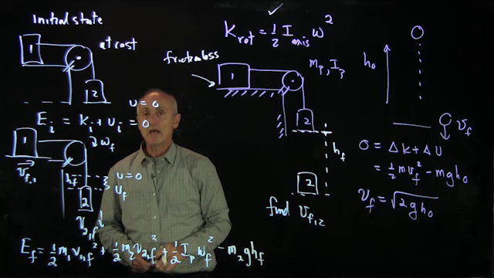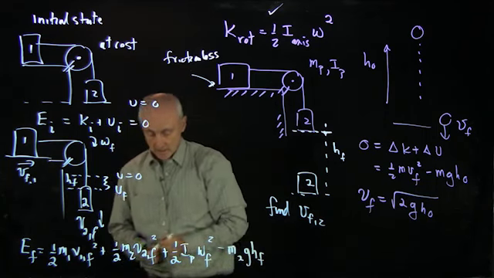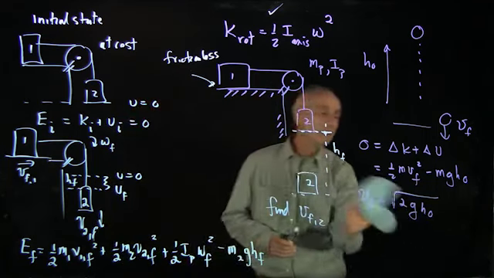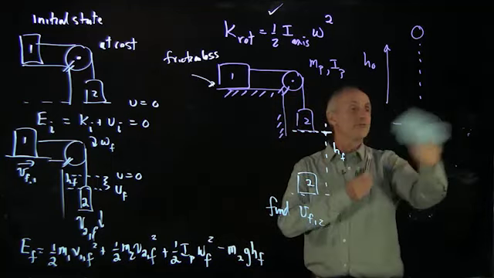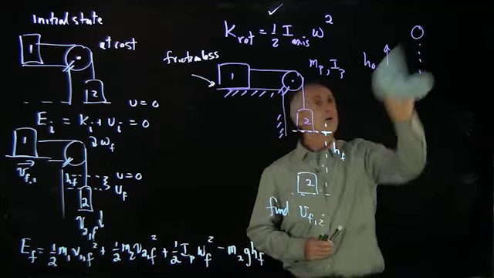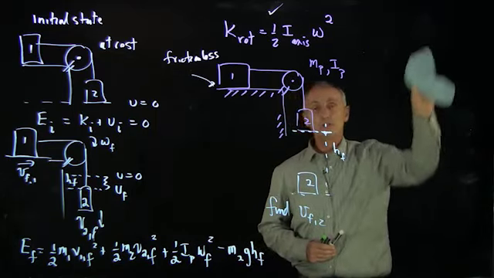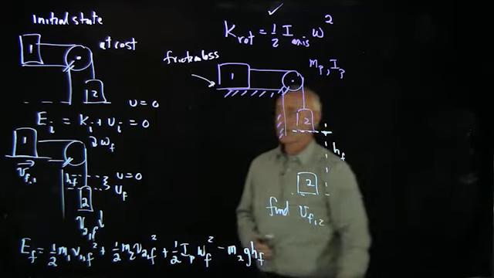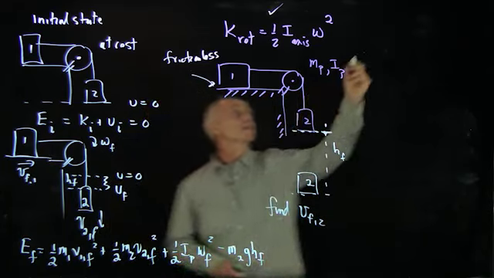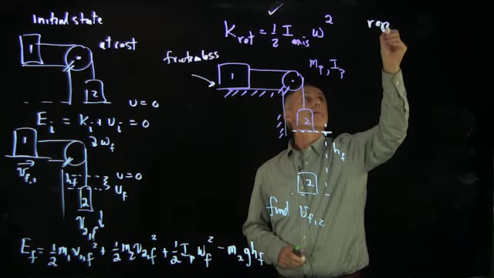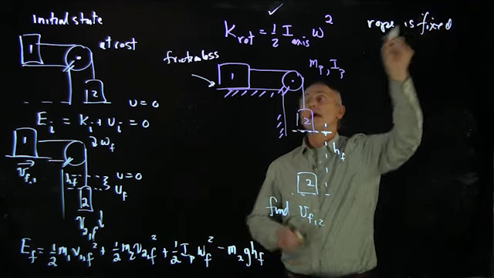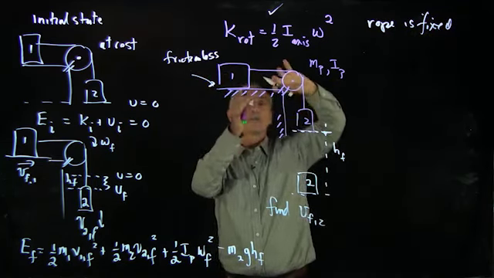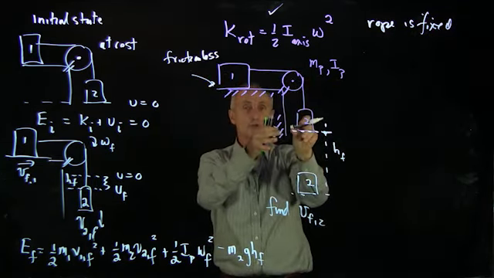And now we have our two energy states. And what we'd like to consider is to apply the energy principle just like we applied it for this simple case. But before we do that, there is a constraint condition: because the rope is fixed in length, as block 1 moves, the pulley is rotating and block 2 is moving.